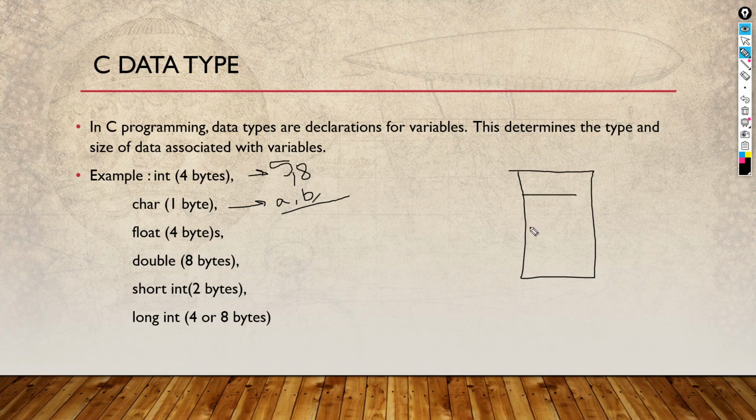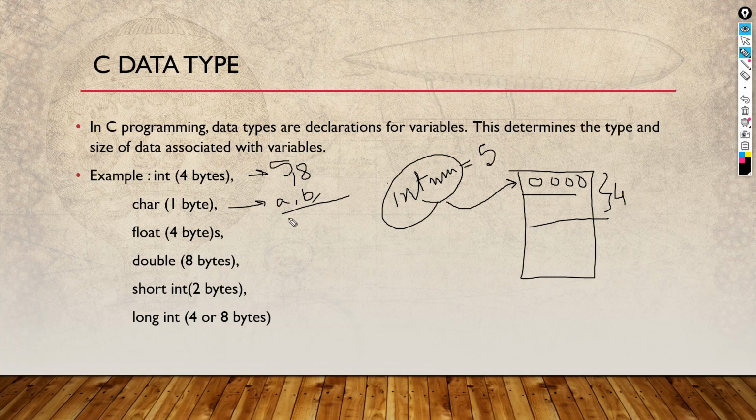When we say int num equals 5, what it does is, int num creates 4 bytes of area in the RAM.